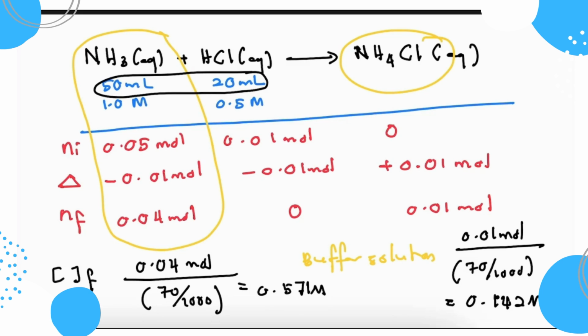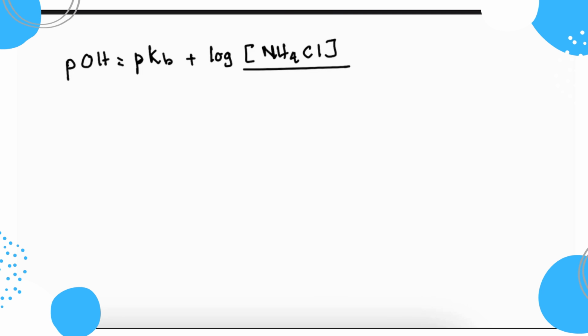Because it exists as a buffer solution, to calculate the pH we need to apply the Henderson-Hasselbalch equation, which, because it is a weak base, is pOH equals pKb plus log of the salt produced, which is ammonium chloride, NH4Cl, over ammonia.